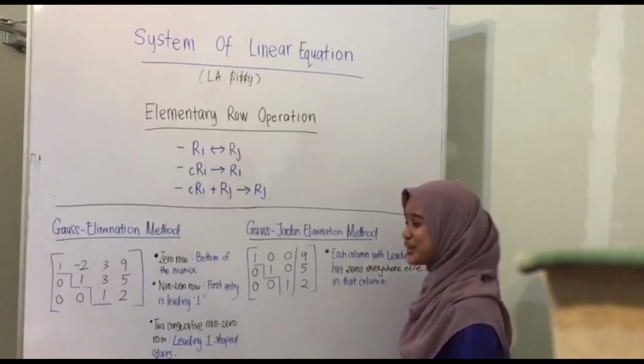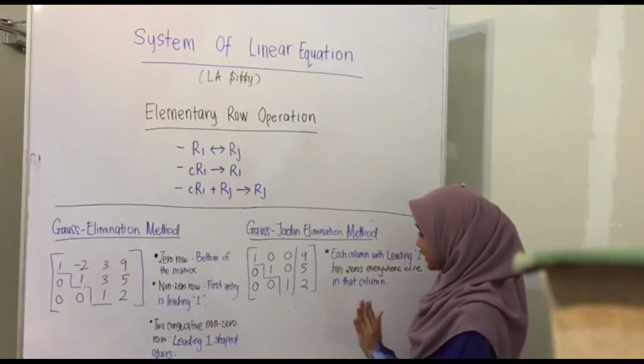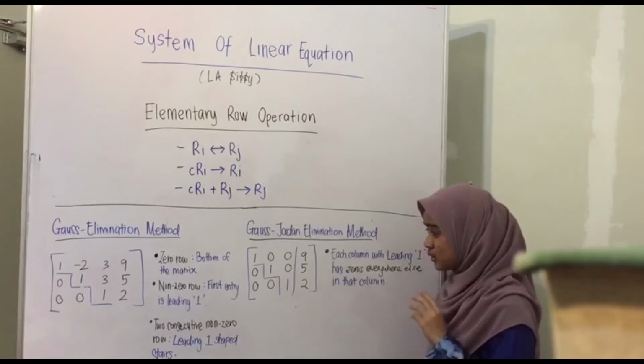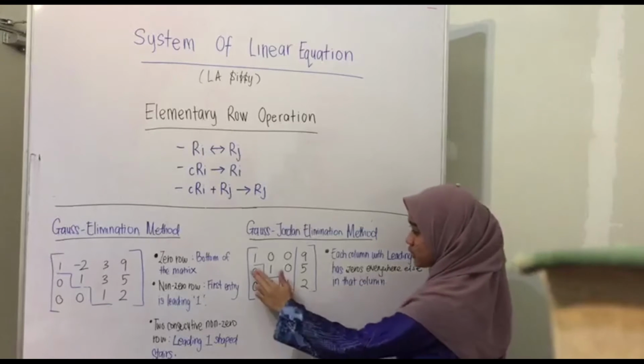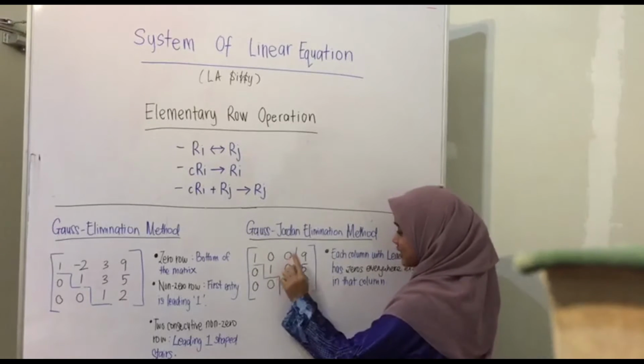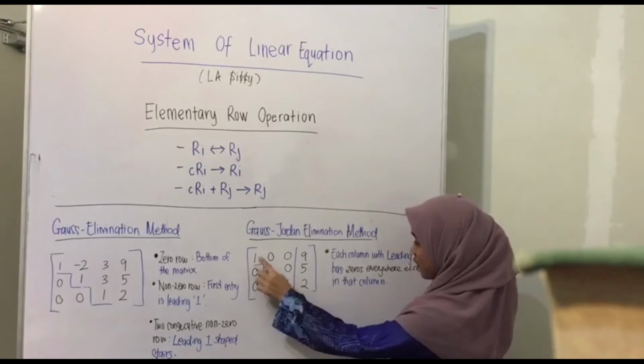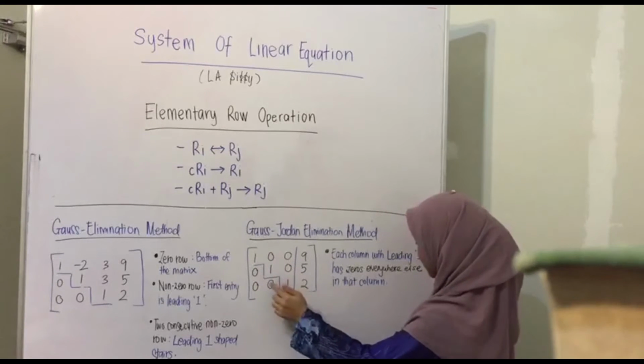Now we go to the Gauss-Jordan elimination method. We look at the row and column. Each column with a leading one has zeros everywhere else in that column.